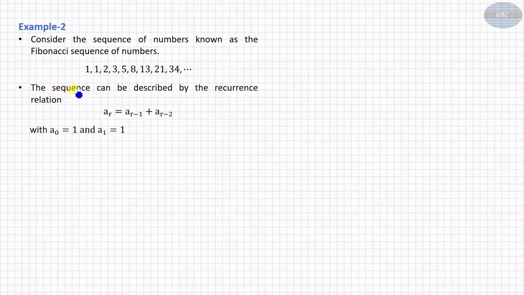So the sequence can be described by the recurrence relation a_r = a_(r-1) + a_(r-2). We can write this in the form of a numeric function: 1, 1, 2, 3, 5, 8, 13, and so on. Here a_0 is equal to 1, a_1 is equal to 1.